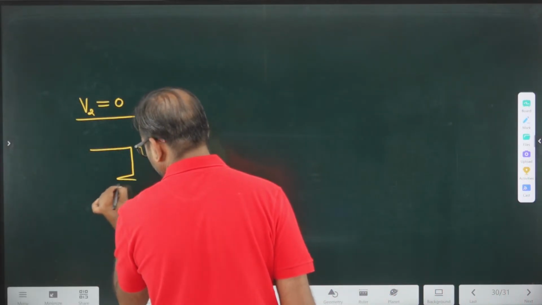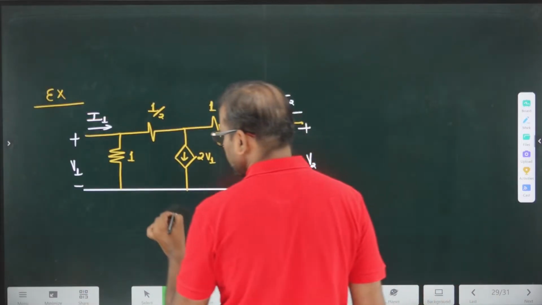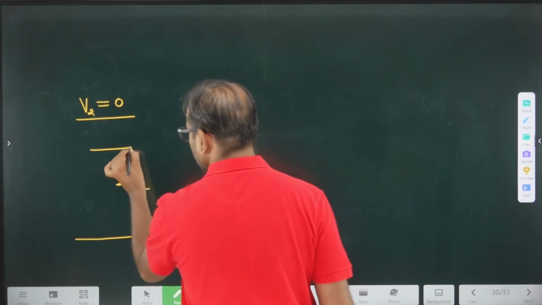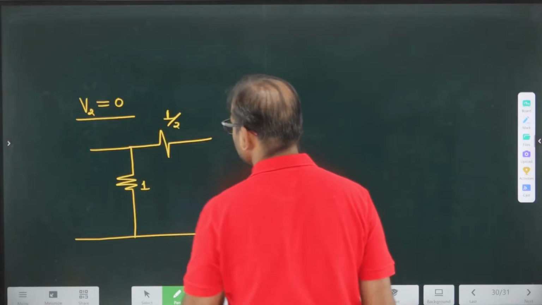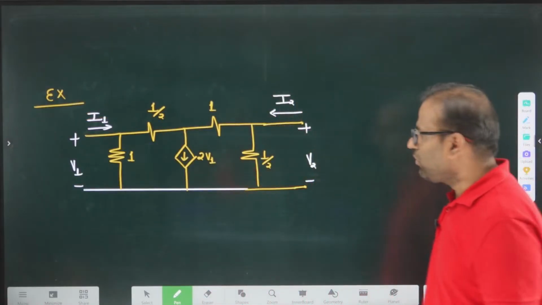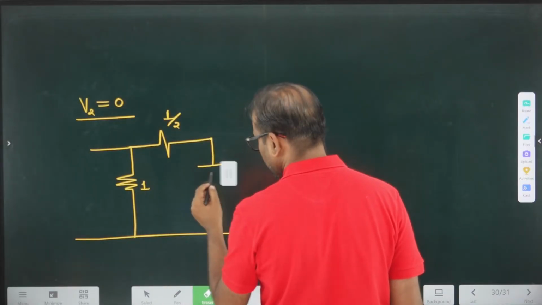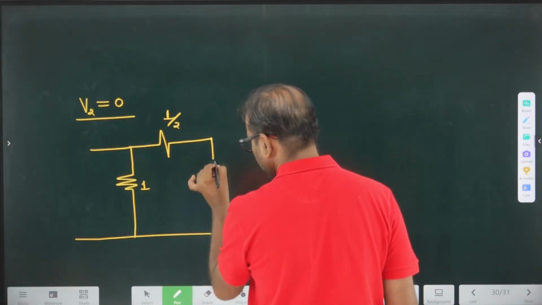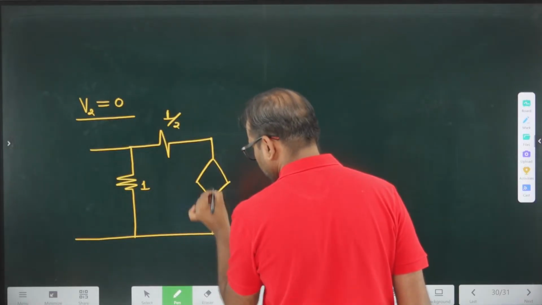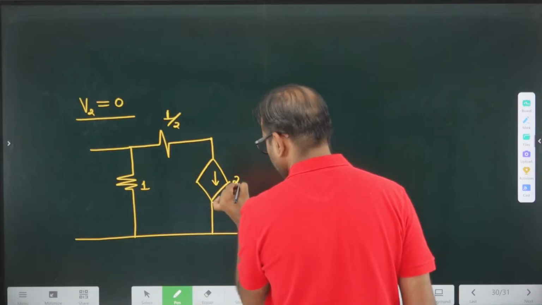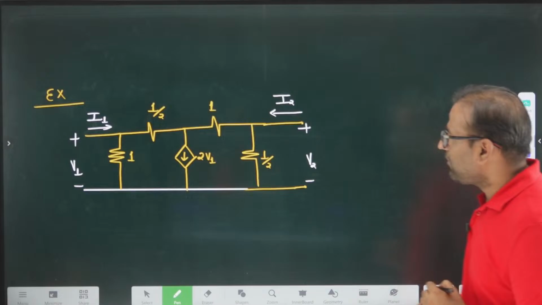This is a 1 ohm resistance. Then you have a 1/2 ohm resistance. Then you have 2V1. This value is 2V1. And what else do we have?